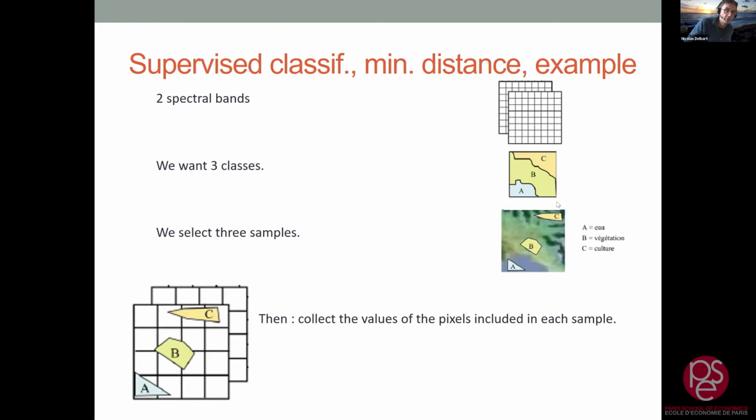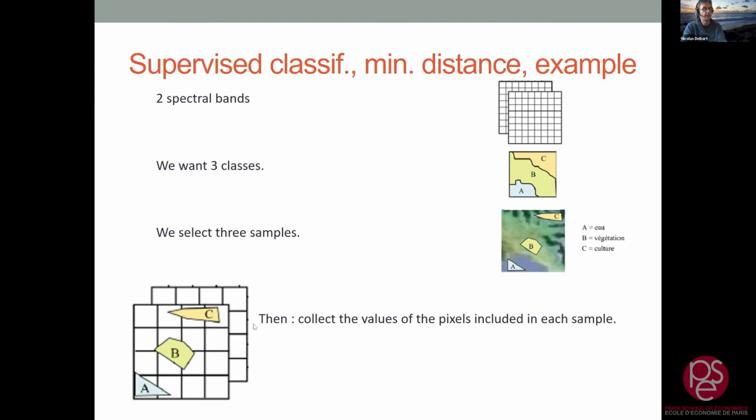Normally, we should have several samples for each class. So we have these 2 spectral bands, we make 3 samples, and then the first step that we ask the computer to do is to collect the values of all the pixels located in each of the samples.